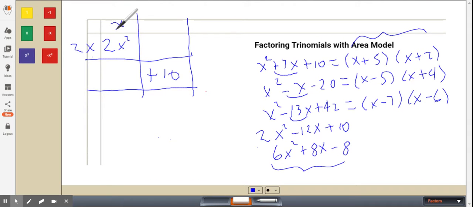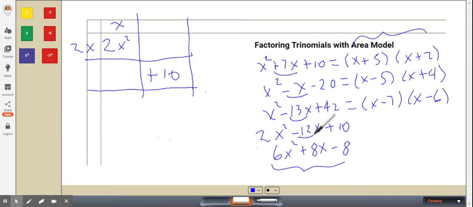And that gives me the 2x squared. And now I have to look at what are the factors of 10, keeping in mind that I have a 2x there, and that those factors are going to give me the diagonal that I need, which is negative 12.